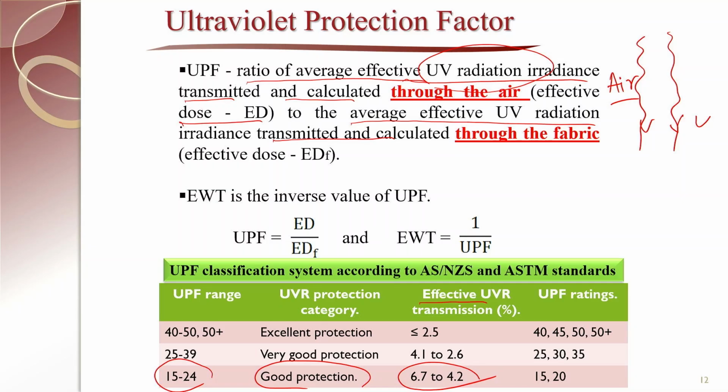If around 5% is getting transmitted, then the UPF range will be 15 to 20. So, at that range we can call it good protection, which is used for a lower intensity of UV ray.